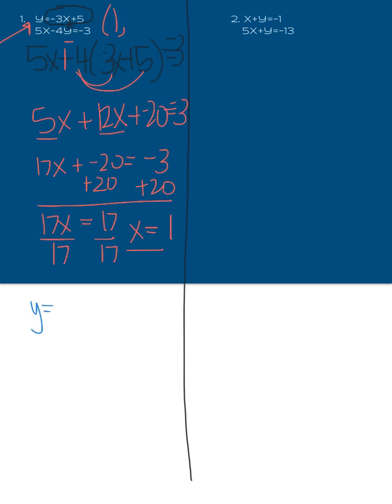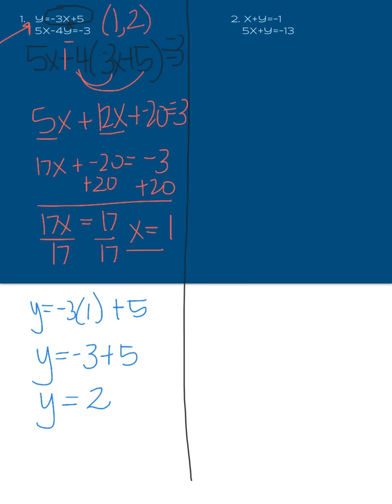So I have y equals negative 3 times 1 plus 5. So y equals negative 3 plus 5. So y equals 2. So the ordered pair, or where these two lines cross, would be 1, 2.